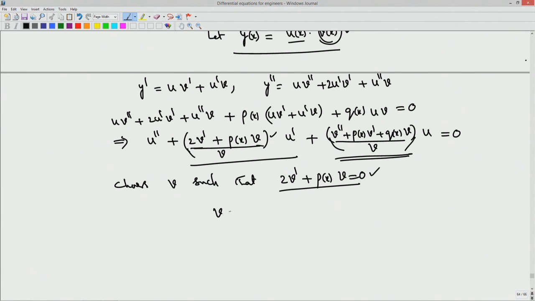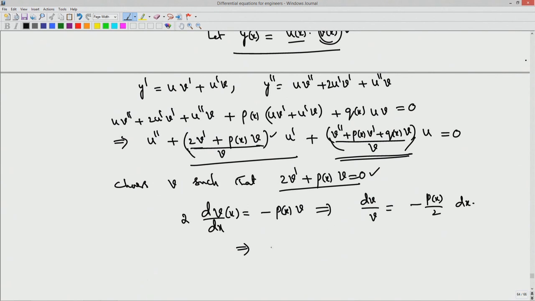So, what is your v of x? dV by dx equals minus P x V by 2. So, you can write this as dV by V equal to minus P x by 2 into dx. You can integrate both sides, I just separated them. The equation is like dy by dx equal to f x into g x form.